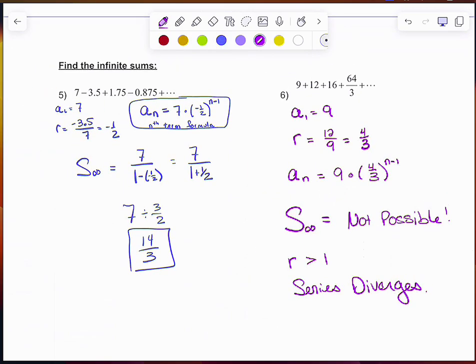So negative 1/2, we're looking at the absolute value. So 1/2 is less than 1. 4/3 is greater than 1. So that's why you can't just say it's a fraction. You're comparing if it's greater than or less than 1. It could be a fraction, it could be a decimal, it could be a whole number. If it's between 0 and 1, it converges. And if it is greater than 1, it diverges.